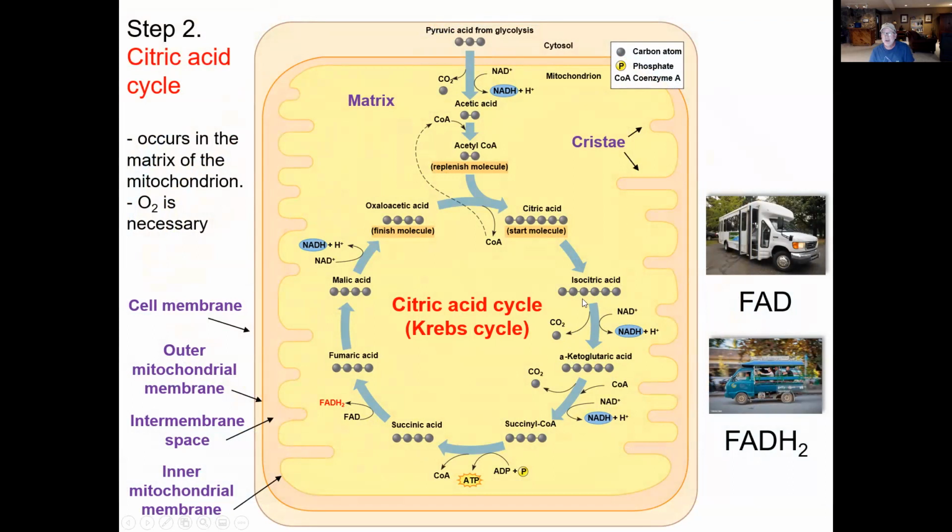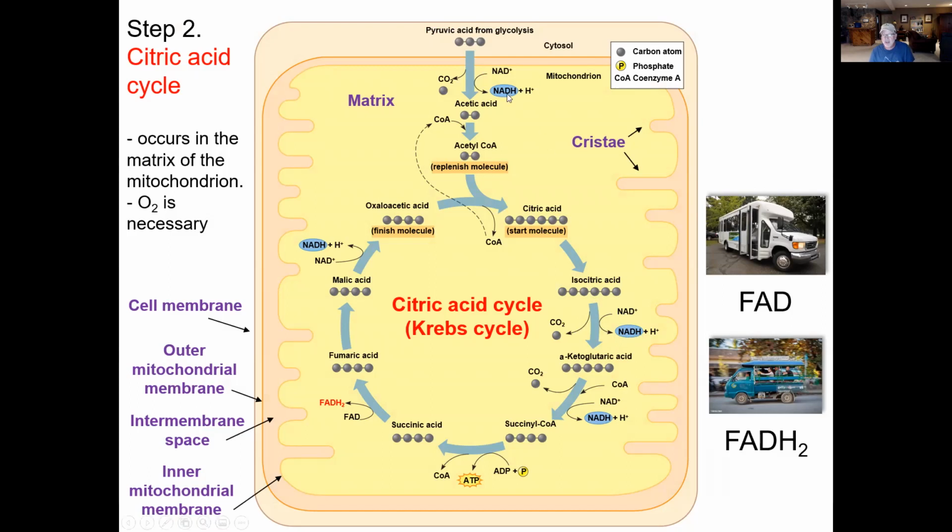In addition to reducing the number of carbons from 6 to 5, look what else is going on here. NAD+ has acquired electrons. We say it's become reduced. That's the chemical term. When a reduction reaction occurs, it has acquired electrons. So NAD+ is reduced into NADH, another big busload of passengers, right?